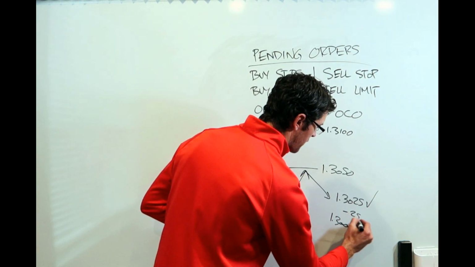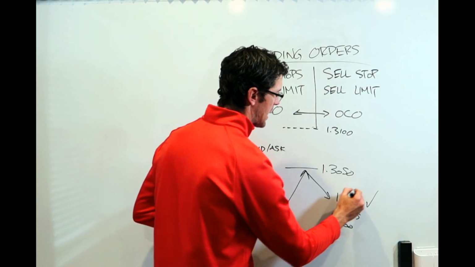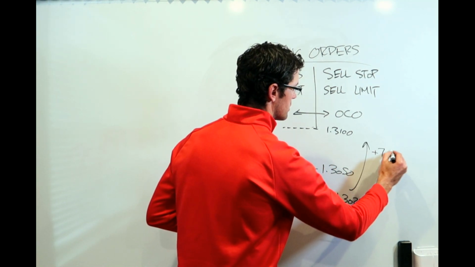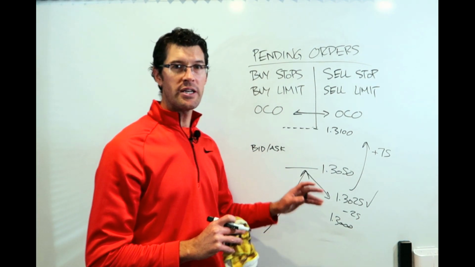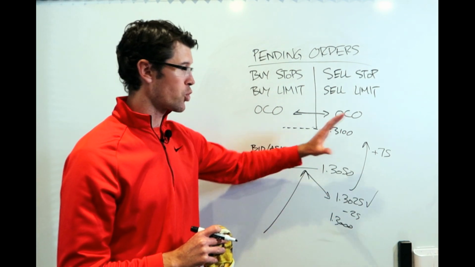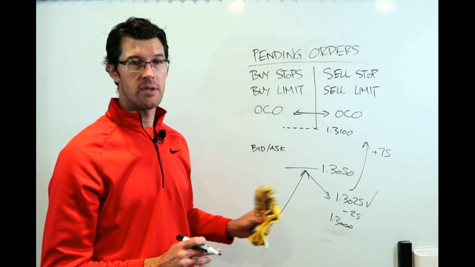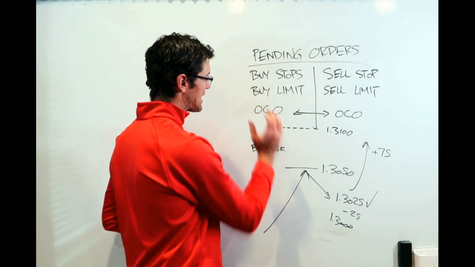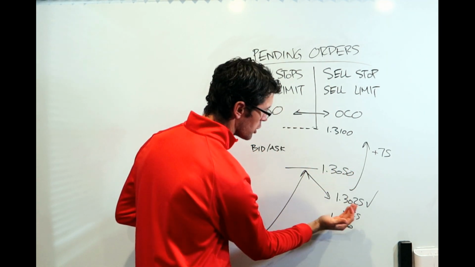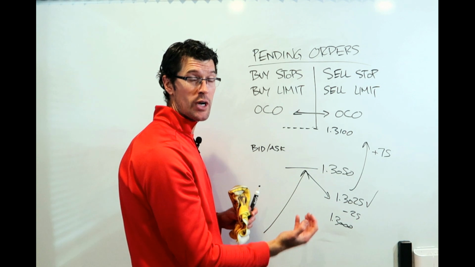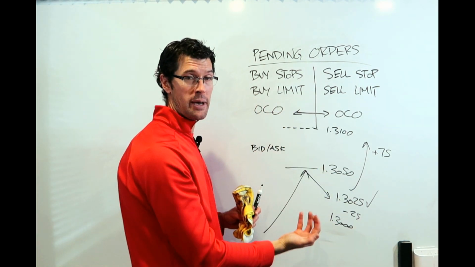We would risk 25 pips to buy the dip and go after 75 pips in reward. Very easy to set some really nice surplus trades where our reward is much bigger than our risk. Yes? So that is how a buy limit works. We're going to set our pending order, our buy limit, below current price so we can buy the retracement, buy the dip, buy the pullback.